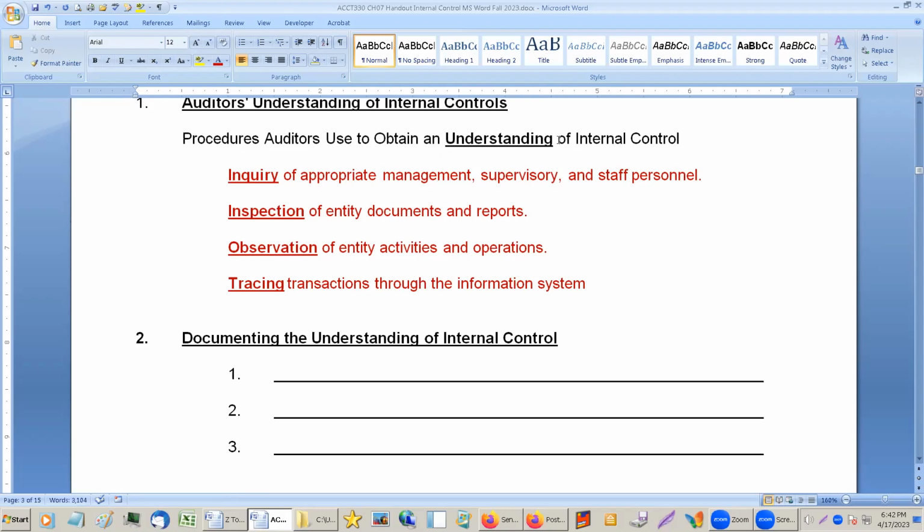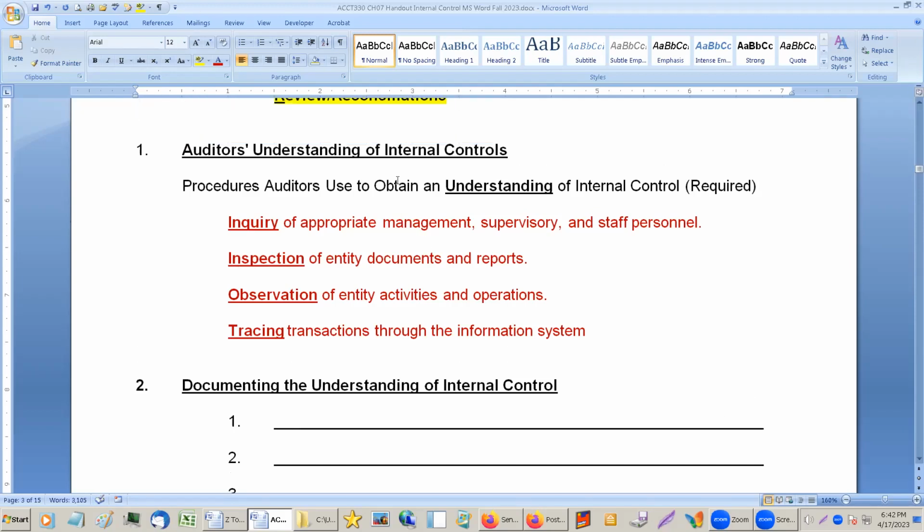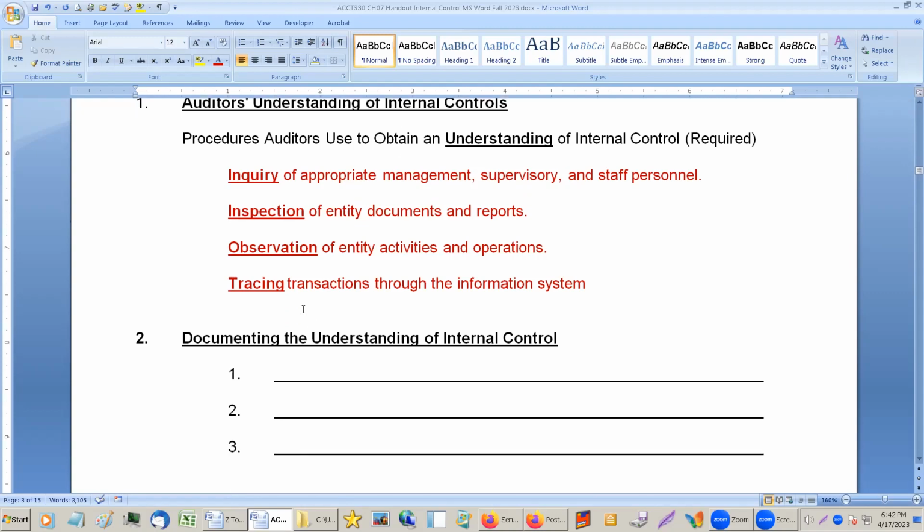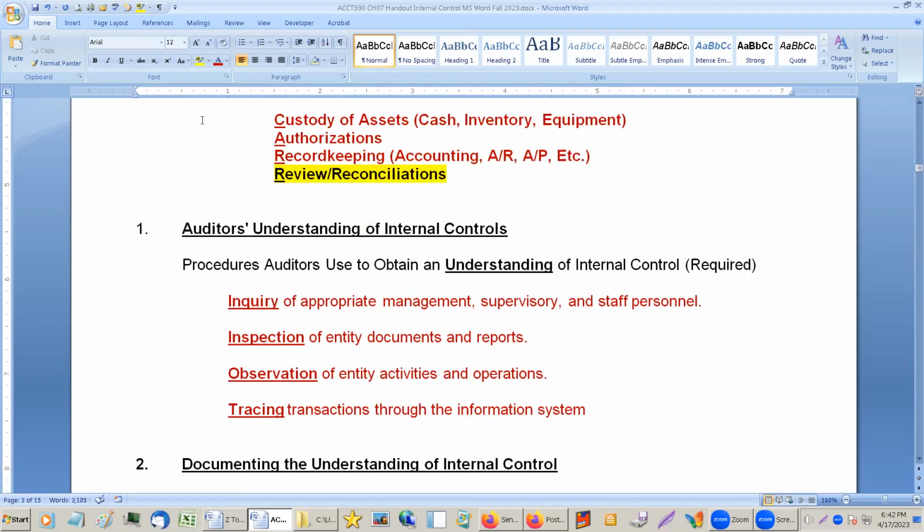So the understanding of internal controls, this is required. So notice that there are 2 different things here.